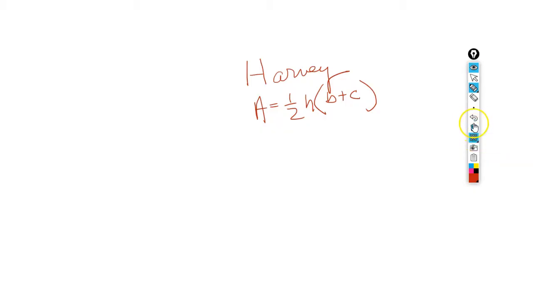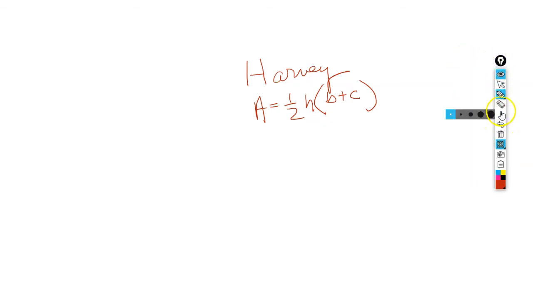And the thing is, as you record, it's going to record your toolbar, but keep it over to the side. And then if you want to change the size of it, you can make it really big if you want to fill in something. Okay. Now, if you want to erase, there's the eraser.